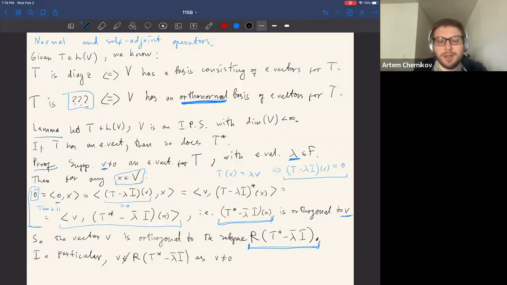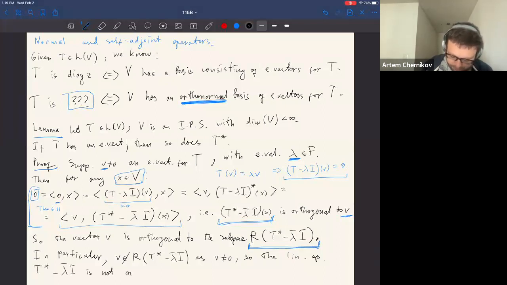So it cannot be contained in the range. So the linear operator T star minus lambda bar I is not onto, because we found a vector not in the range. v is a vector not in the range of this operator.